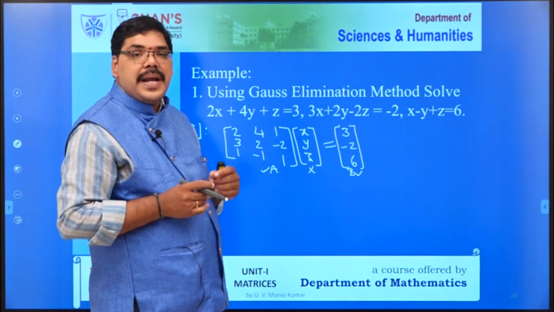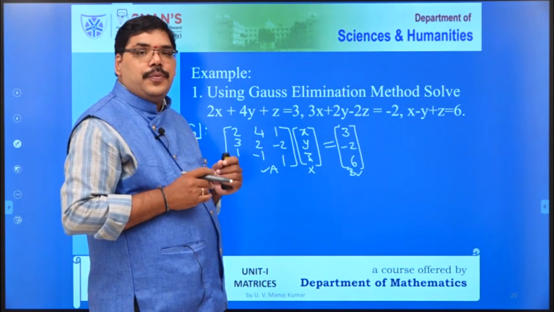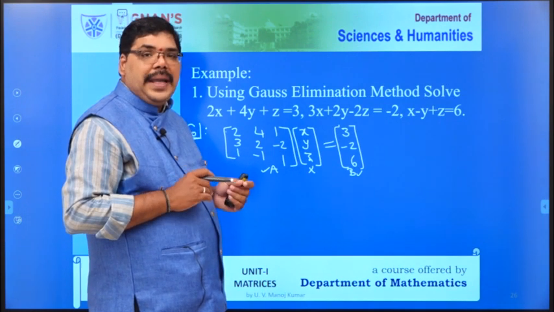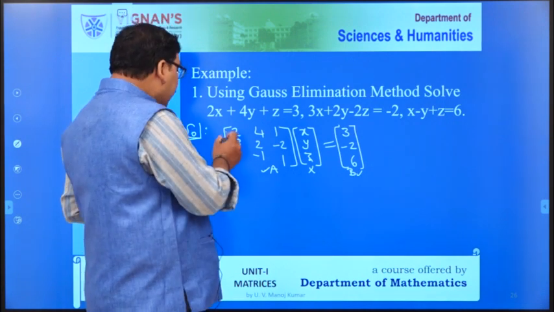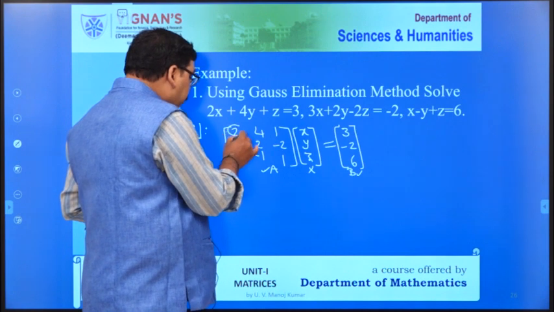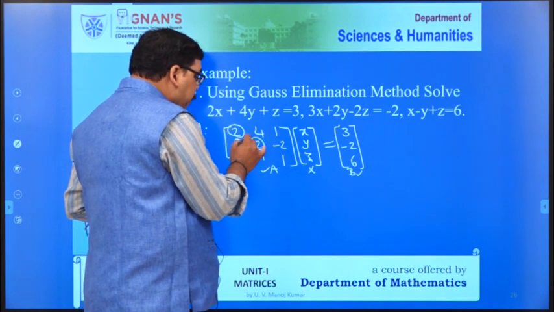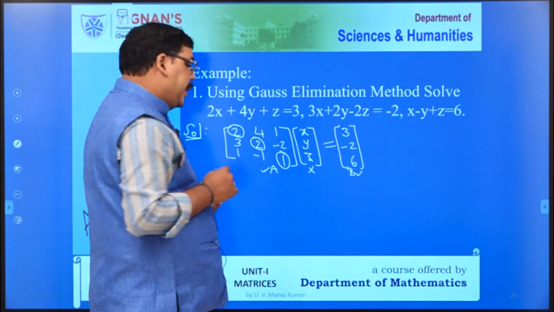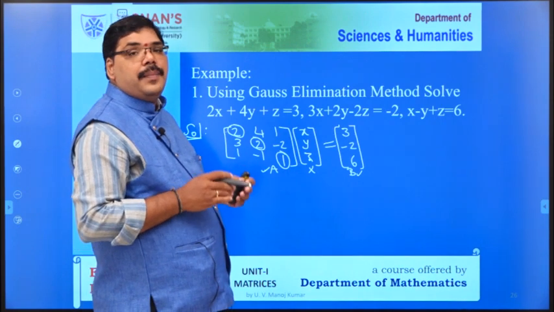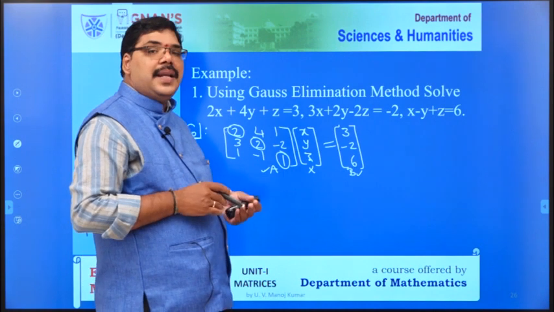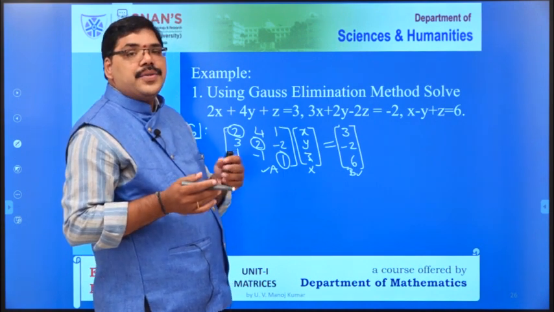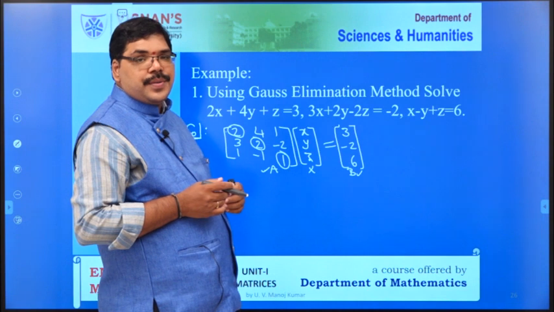So how to reduce a matrix into echelon form? We want to make all the below diagonal elements into zeros. What are the diagonal elements here? 2, 2, 1. Use diagonal elements and reduce the below diagonal elements into zeros.